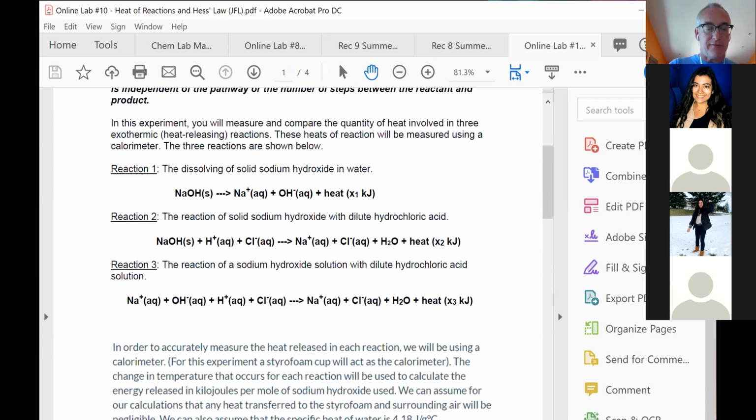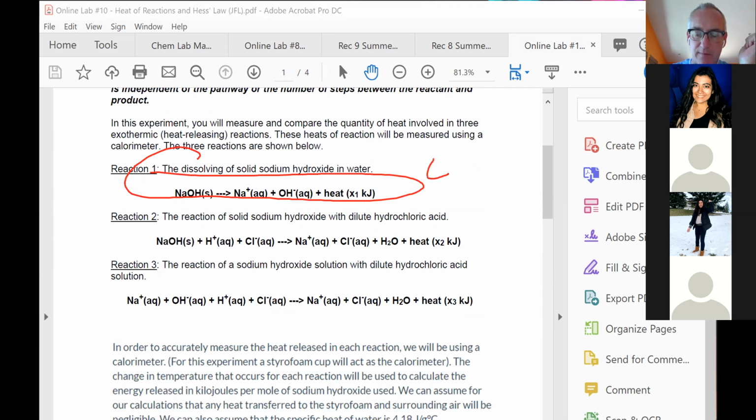All right, so our first reaction was this one, right? We dissolved the sodium hydroxide in water, and we saw that our delta H reaction for that one was 44 kilojoules. Is it going to be minus 44 or plus 44? Minus, you're right, because it released heat.